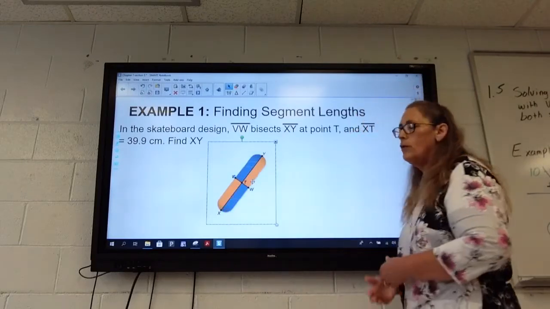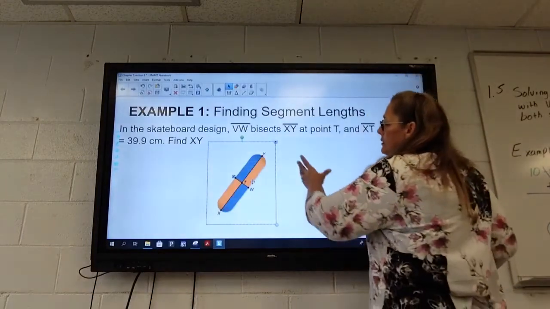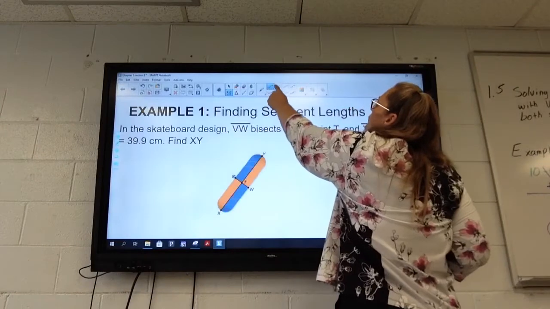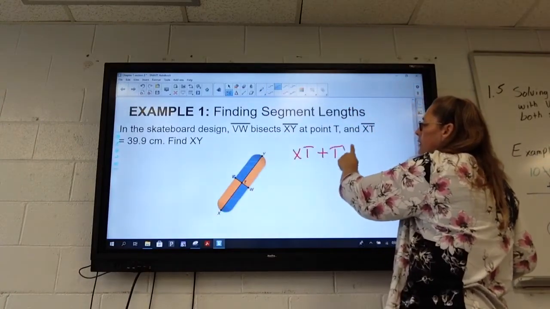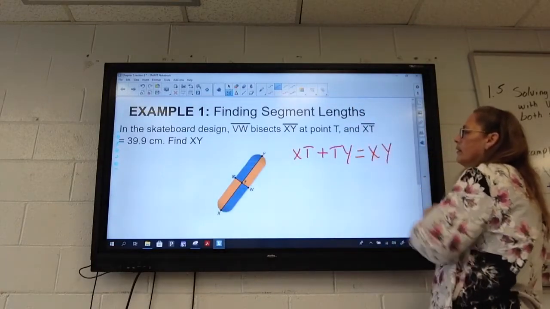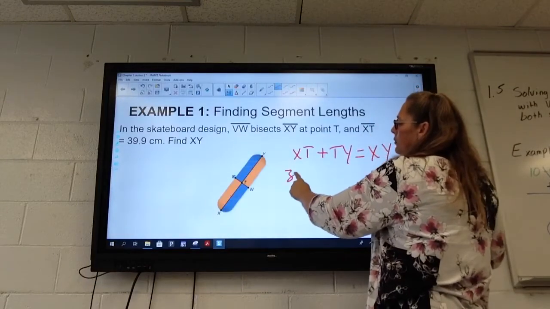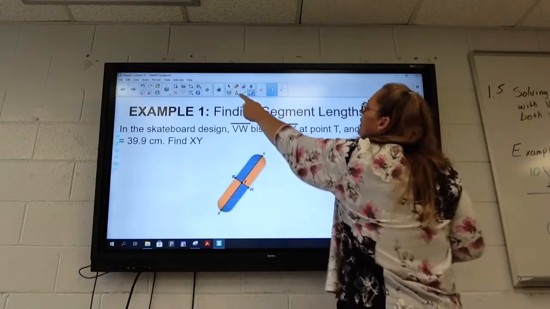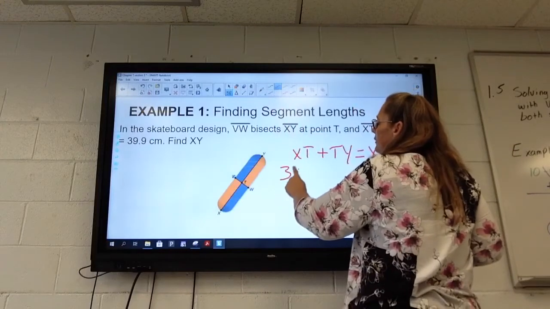So we talked about the segment addition postulate, which said the two parts, XT plus TY, is equal to the whole thing, XY. I know that XT is 39.9.